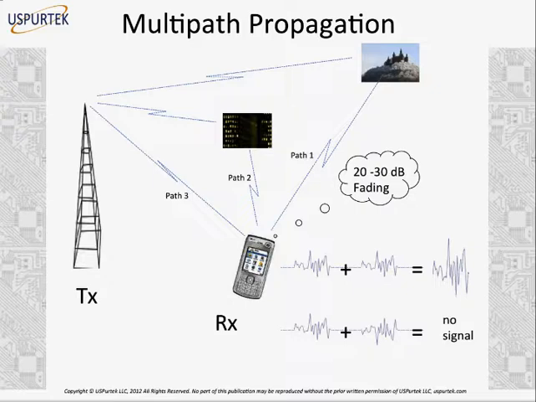But as the mobile station moves about, and we keep moving with our cell phones most of the time, the phases of the various paths vary in a random fashion. Since in reality there are several propagation paths, they rarely cancel out each other completely. But all this ultimately leads to a drop in signal level of 20 to 30 dB, and it causes fading.